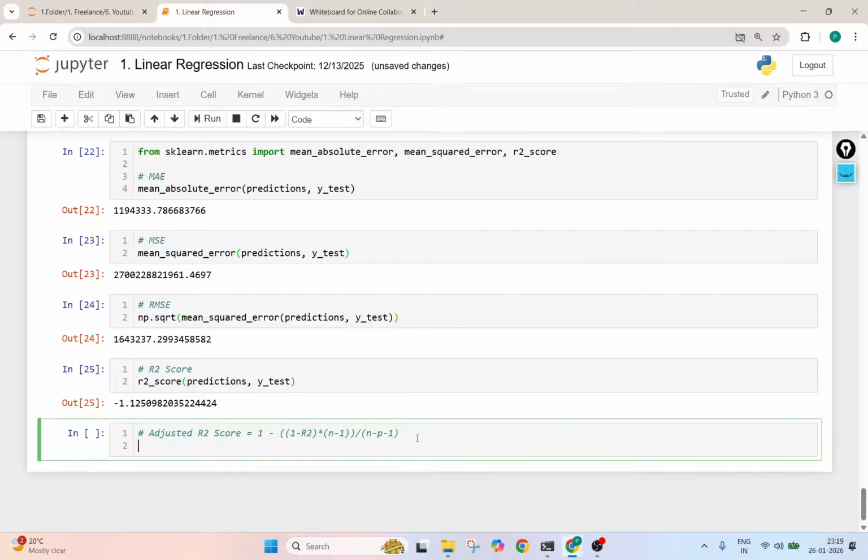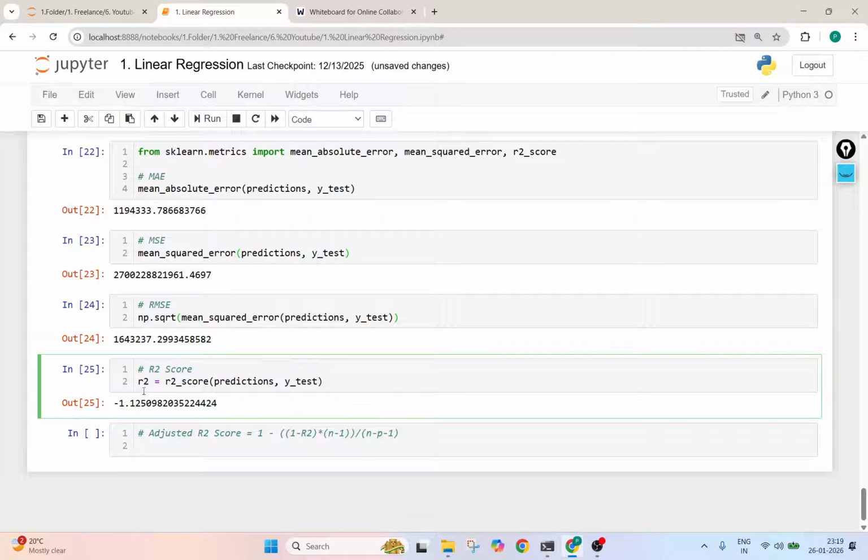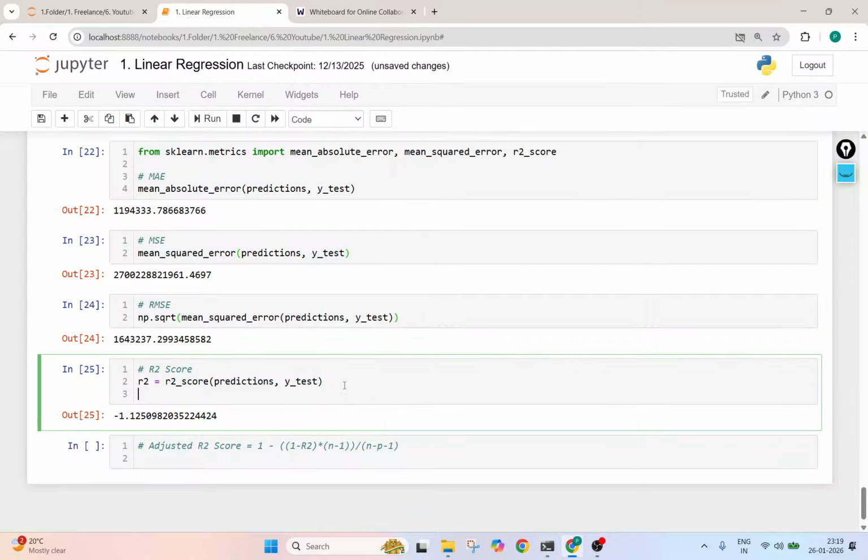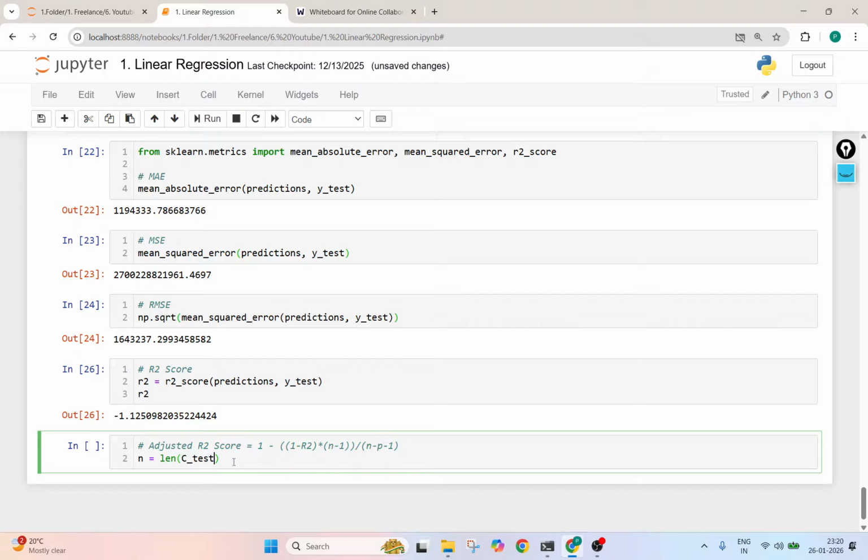All right. So we already have our R2 score, let's just keep it as R2. All right. So what I want to do is find n. So what is n? n equals the number of rows. So len of x test is what we can do, right?